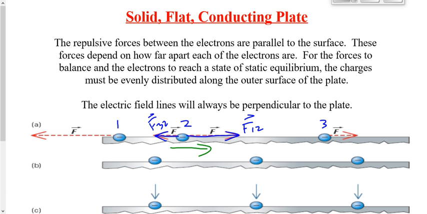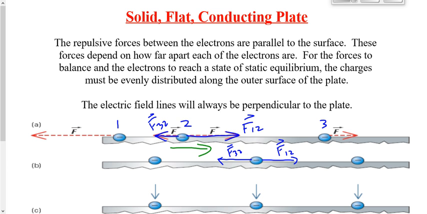But as it moves to the right, F12 will decrease as the charge gets further away from number 1, and F32 will increase. There will come a point when the force of 3 on 2 and the force of 1 on 2 end up being equal to each other.